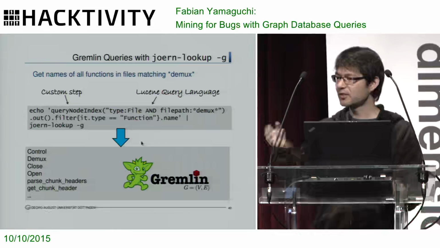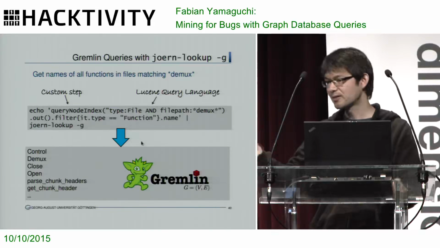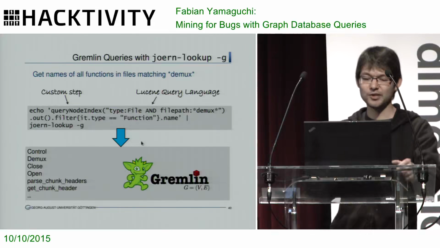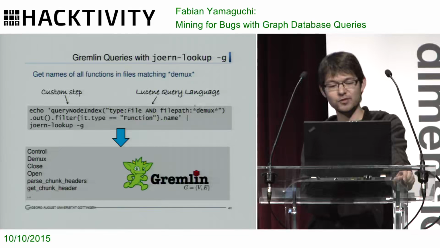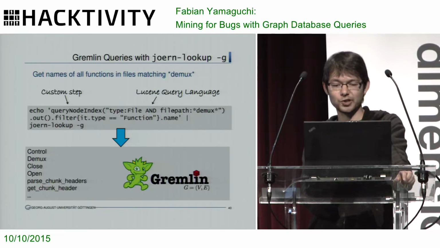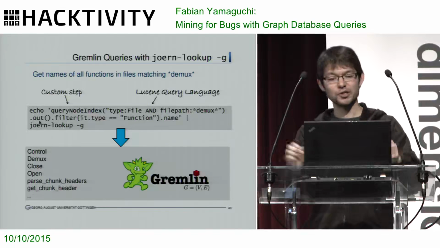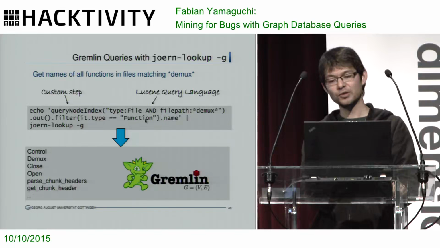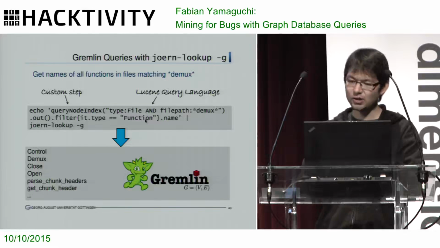You can also transition from functions to the functions that they call, you have a call graph, all of this is possible. So we put this type as file and file path dmux into one of these custom steps that we defined, which is called query node index, which would just execute this Lucene query. And from there on, we follow outgoing edges and take only those which are labeled as functions. So suddenly, you have all the functions inside files called dmux.